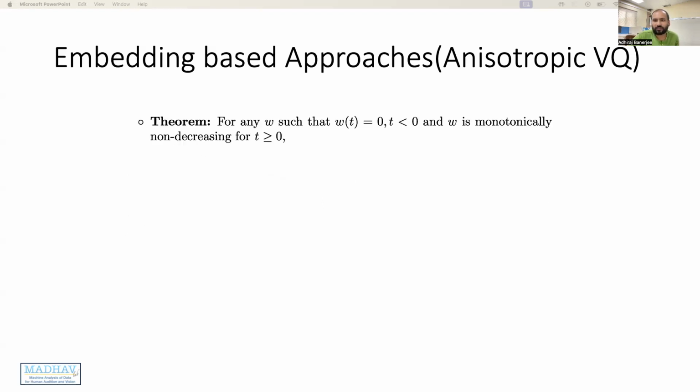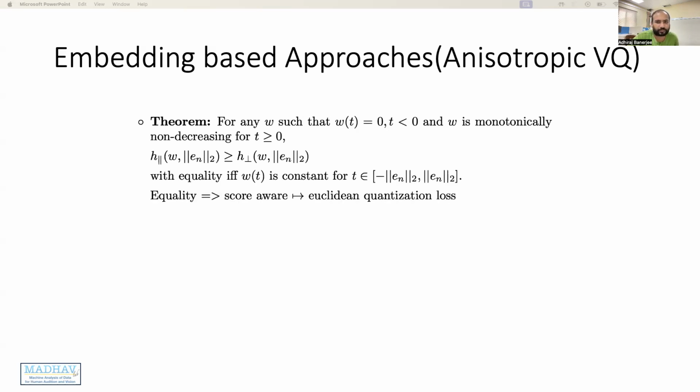Given the expression, we observe that for any weight function such that Wt equals 0 for all negative t and Wt is monotonically increasing for t greater than or equal to 0, the scaling term for the parallel component of the residual error, h parallel, is greater than that for the perpendicular component of the residual error, h perpendicular.